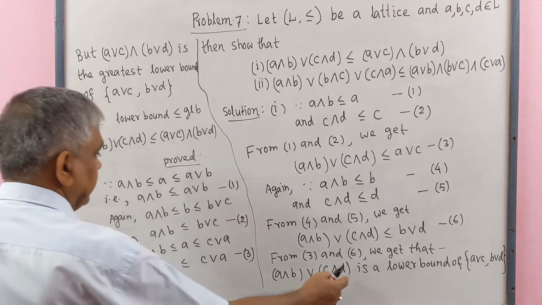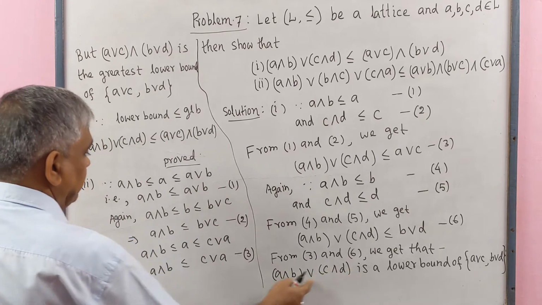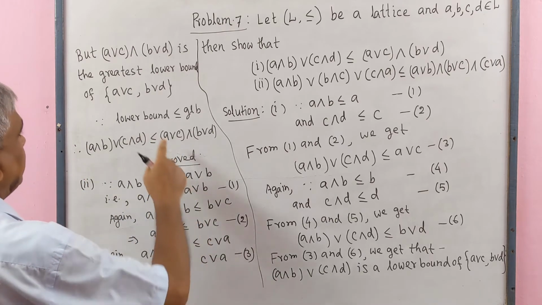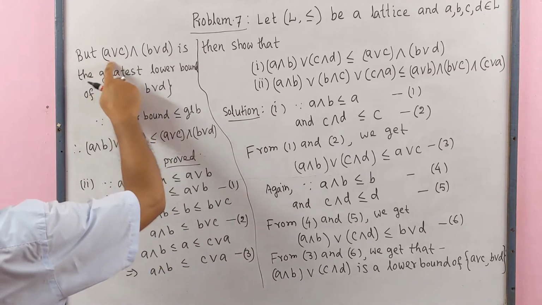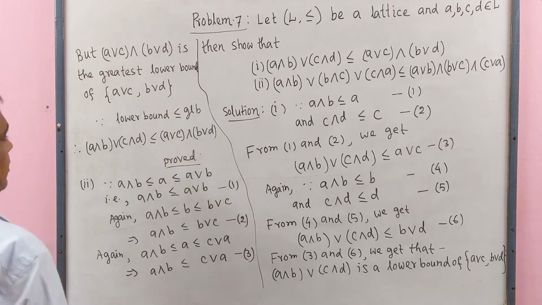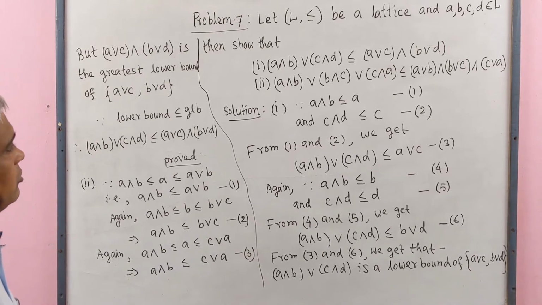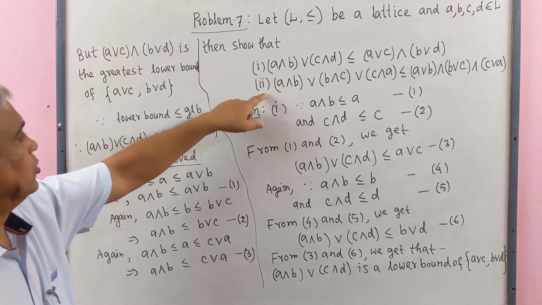So this lower bound, left side, is less than equal to the greatest lower bound, and hence proved. Now we solve number 2.